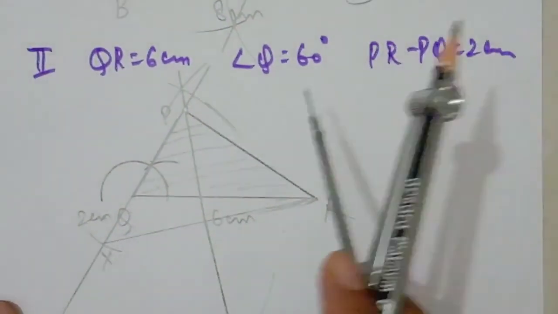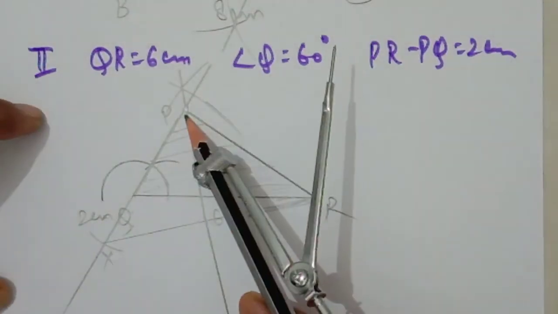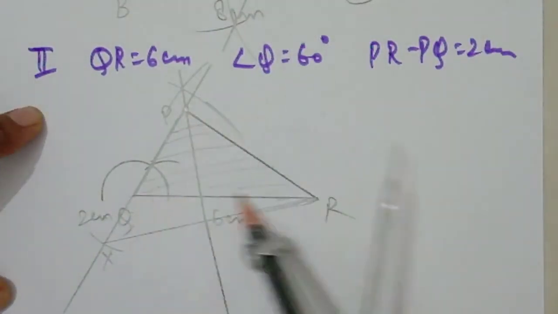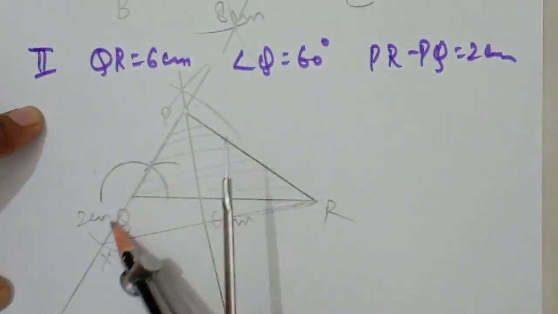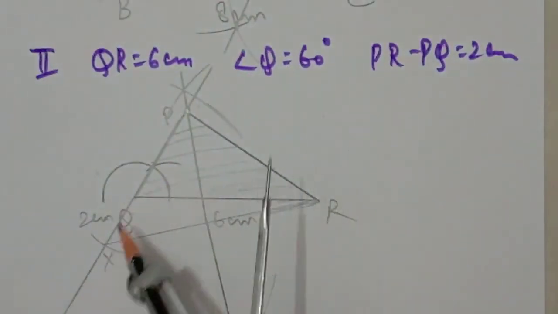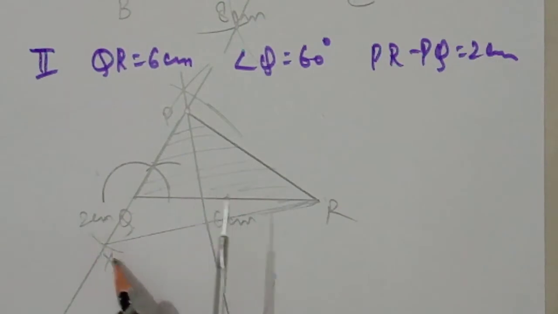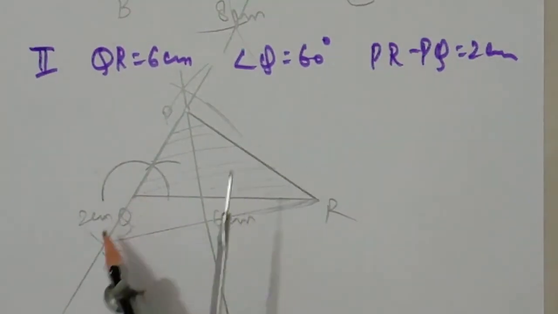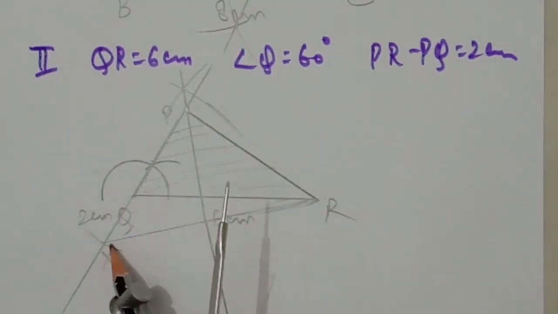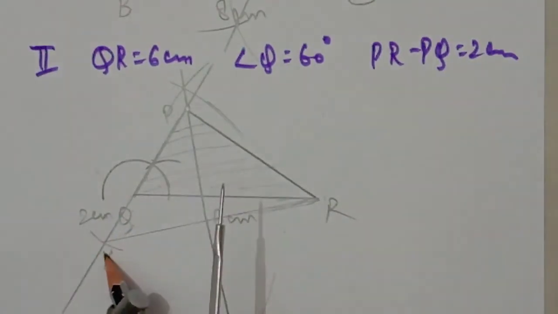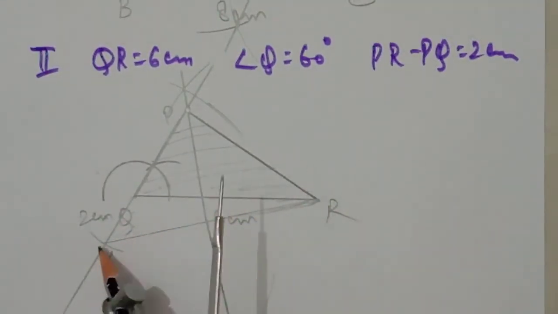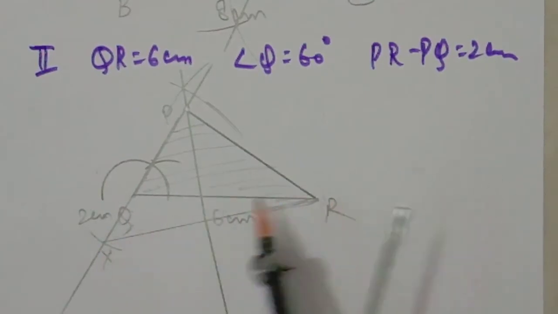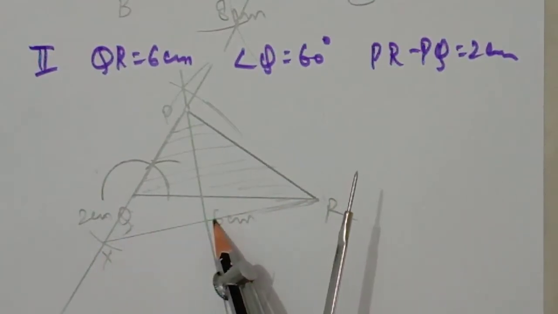In the second type, first we will take our base, make the base angle, and then we will produce the base angle line as a straight line downward. Then we will take Q as the center and mark the arc of 2 centimeter. The difference is given downward, and then we join to the second vertex of the base, and then we will draw the perpendicular bisector of this new line.